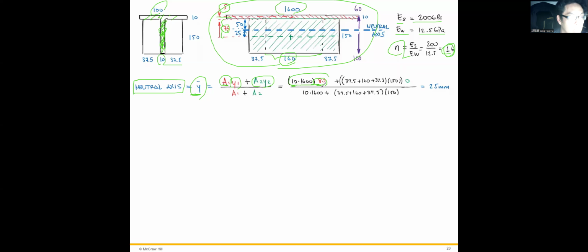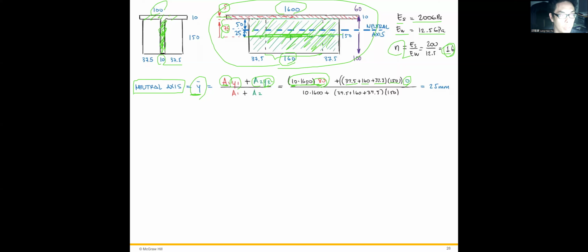Okay, so 80. Okay, and A2 times Y2, A2 is the bottom part after multiplying the vector n. Okay, therefore the A2 equals 37.5 plus the 160 plus the 37.5 times 150. Okay, the bottom surface, right? This area. Okay, and the Y2 equals 0. Why? Because it coincides with the center of the bottom part.